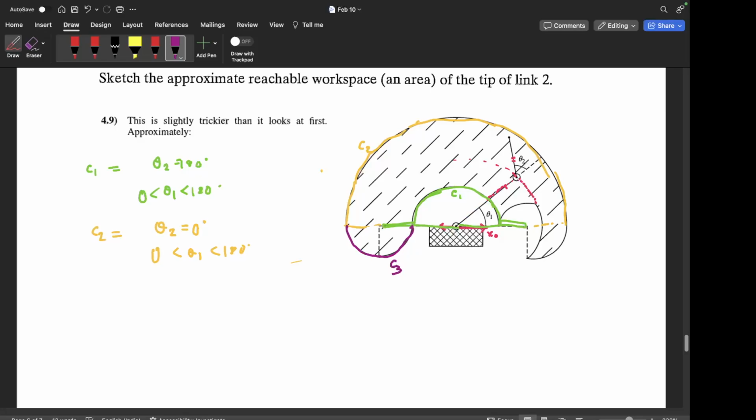In fact, this would be created when the first link would stay fixed at 180 degrees, right? Now when link 1 is at 180 degrees, then its positive x axis, x1 axis, is here, right? And then from 0 to 180 theta 2 can go, right?